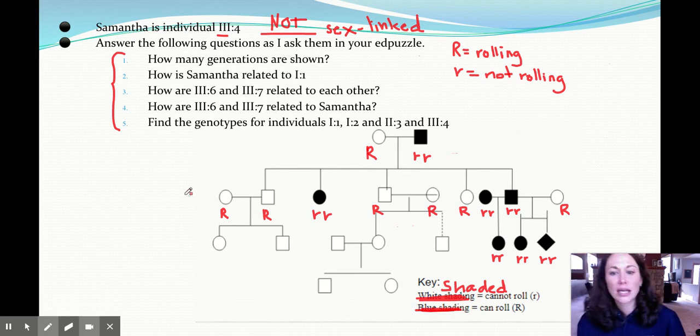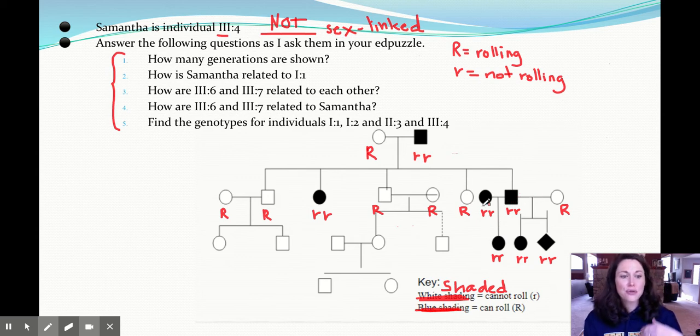But as I'm looking at these, this mom and this dad had 1, 2, 3, 4, 5 of their own offspring. Some of them could roll their tongues, like this son right here and this son right here. And some of them could not roll their tongue, like this circle right here and this square right here.